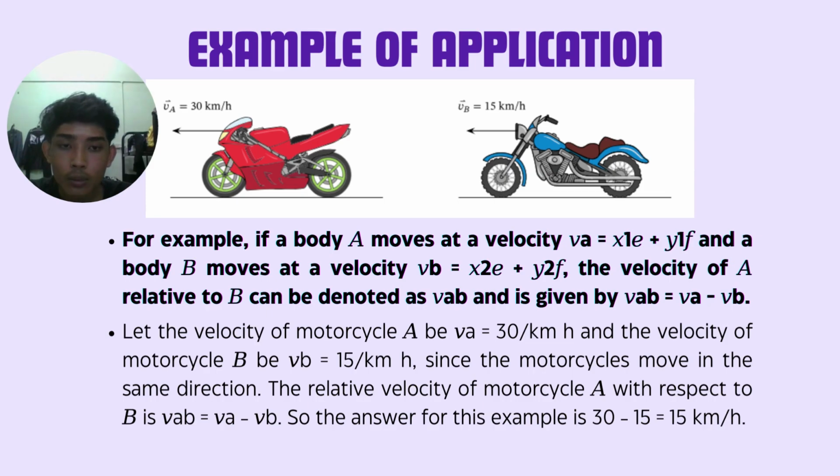Since the motorcycles move in the same direction, the relative velocity of motorcycle A with respect to motorcycle B is velocity AB equals velocity A minus velocity B. So the answer for the example is 30 minus 15, which equals 15 km per hour.